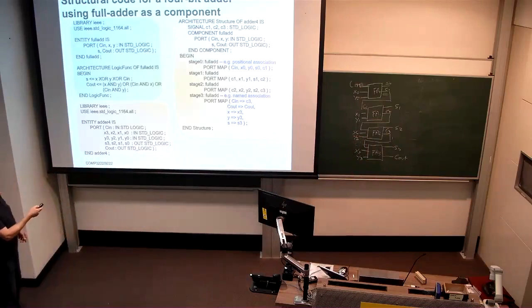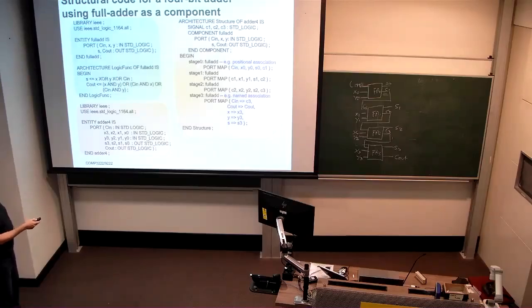There are 2 different ways that you can instantiate a component, as you see here. There's a so-called positional association with named ports, where simply the same order is maintained as is declared for the component.